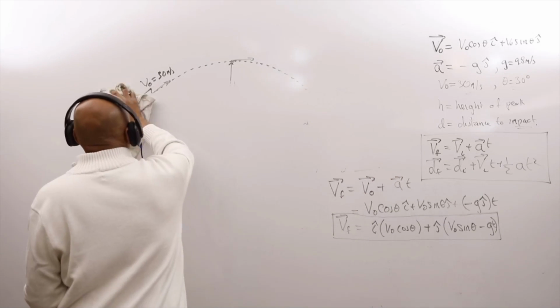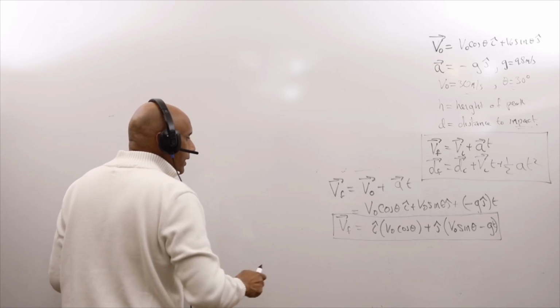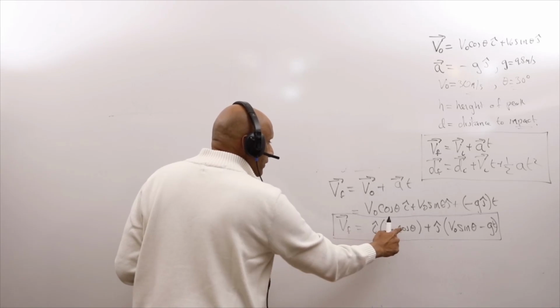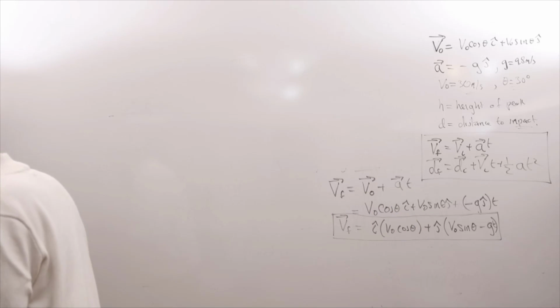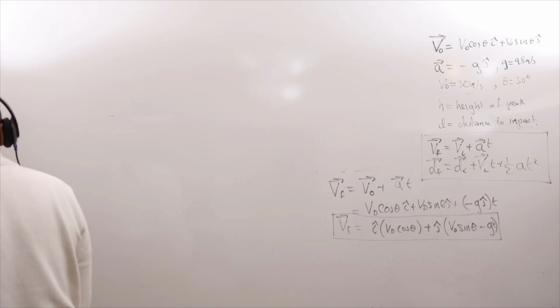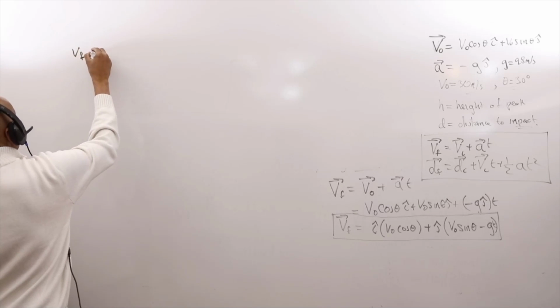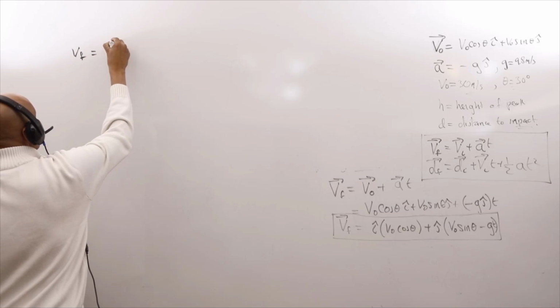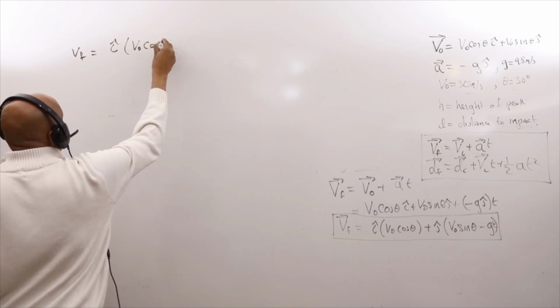So let me erase this, and I'll rewrite this over here. So the velocity final for any time t is given by this expression. Maybe another marker would do. So V final is equal to the i component, which is V0 cosine of theta.